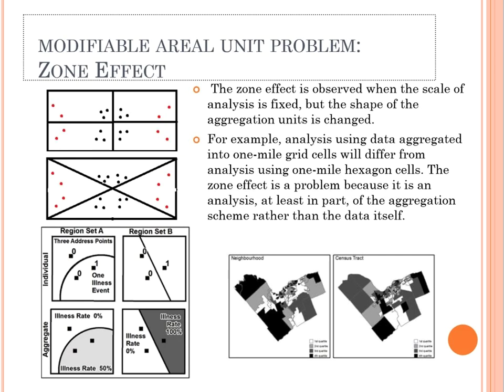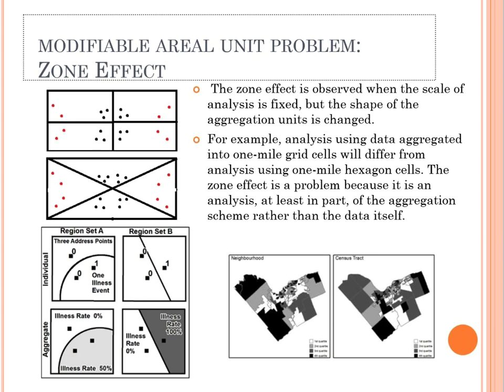The zone effect is observed when the scale of analysis is fixed, but the shape of the aggregation units is changed. For example, analysis using data aggregated into 1 mile grid cells will differ from analysis using 1 mile hexagon cells.